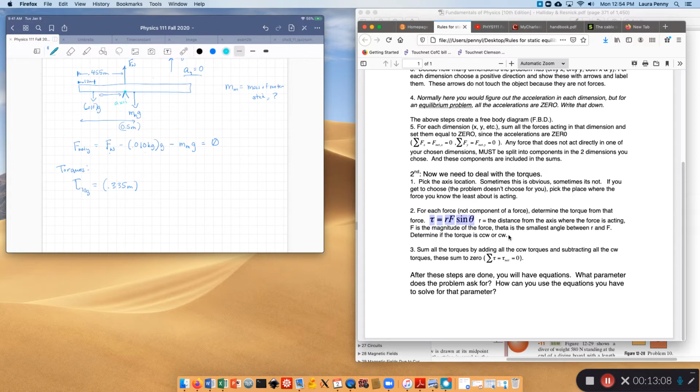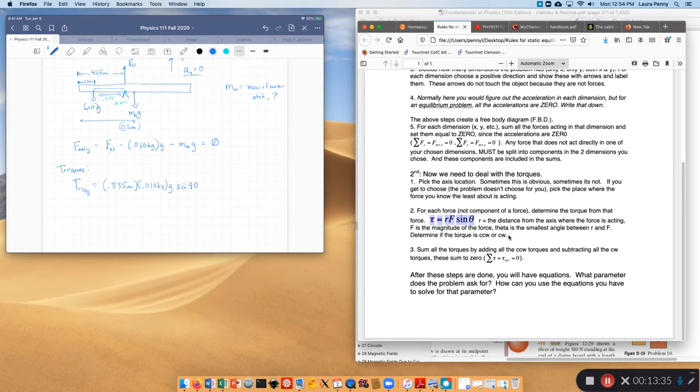This is 0.335 meters from the axis to the location where this force acts. The amount of the force is 0.01 kilograms times g. The angle from this R to the force is a 90-degree angle.